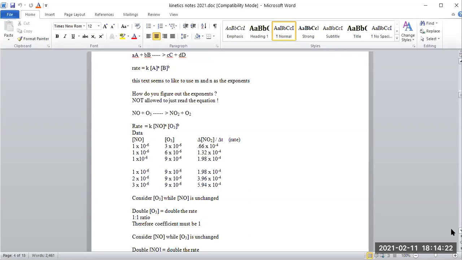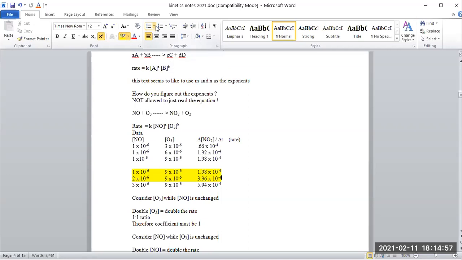So if we look at the first 2 lines, look at your first 2 lines there. I doubled my NO. Ignore the O3 because it didn't change. I doubled my rate. 1.98 times 2 gives you 3.96. And so I have a similar performance here.